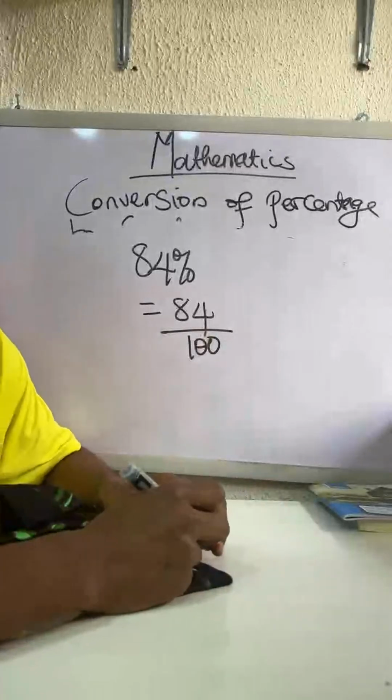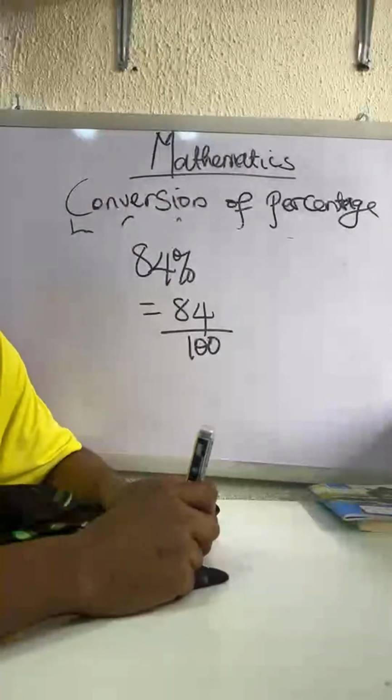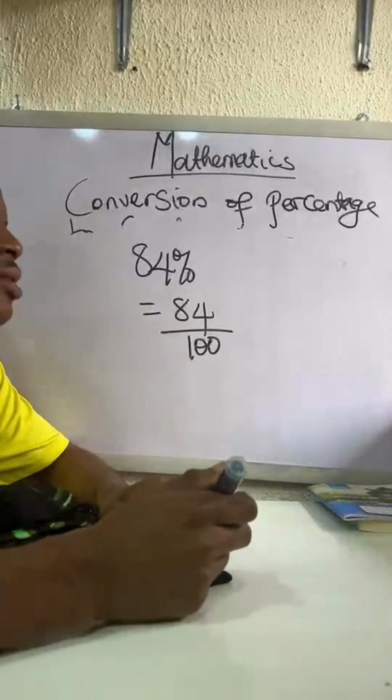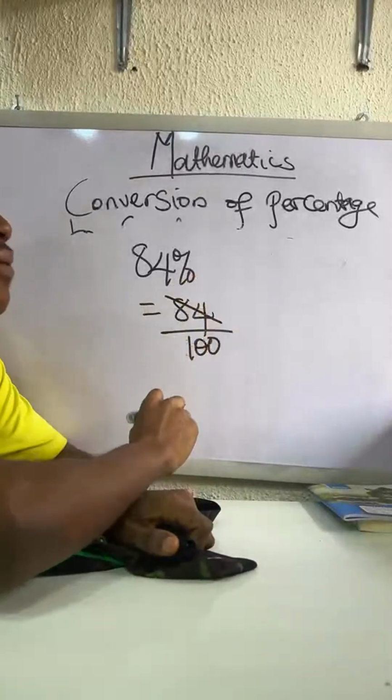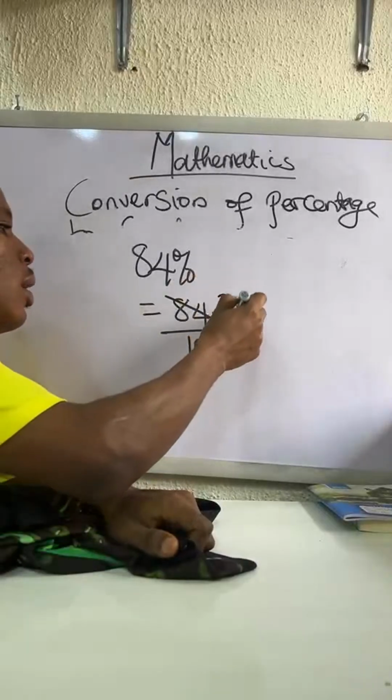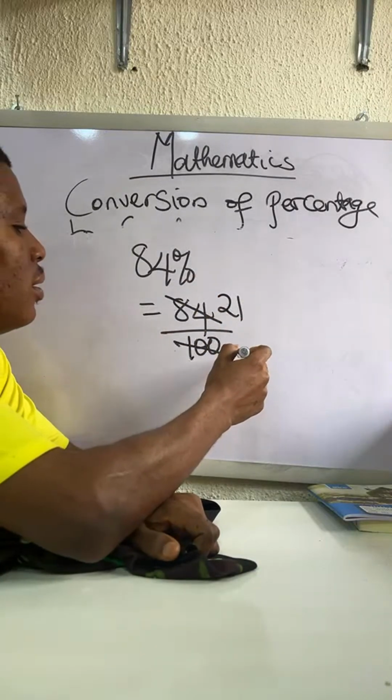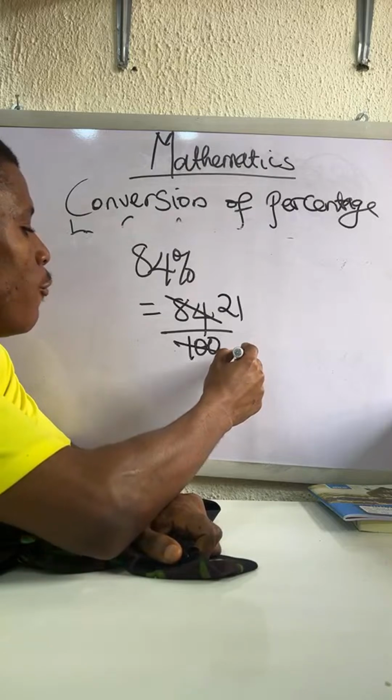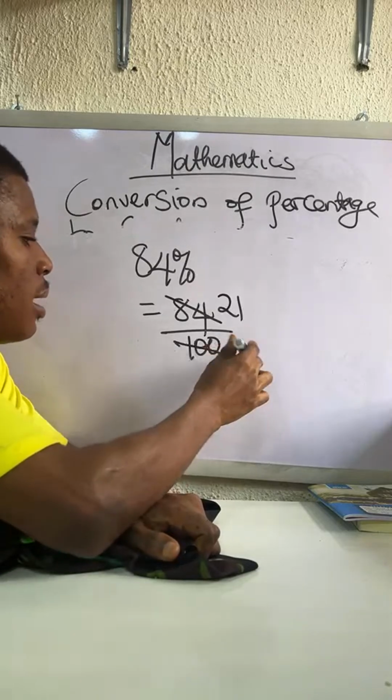So what can divide 84 and 100? You see that it is 4. If you divide 84 by 4, you are getting 21. If you divide 100 by 4, you are getting 25. Oh sorry, my bad, 25.